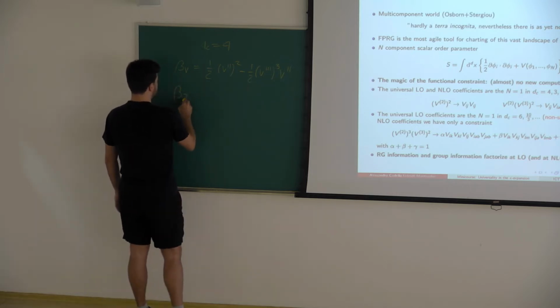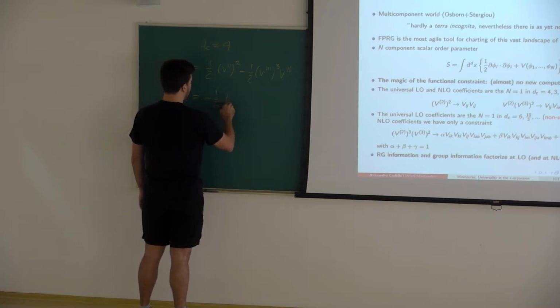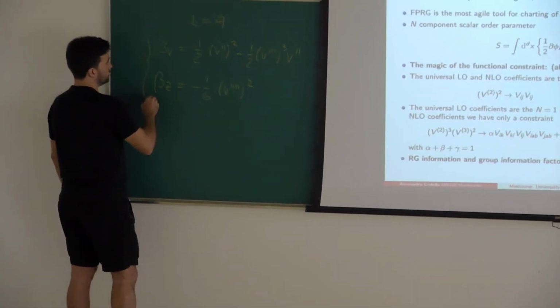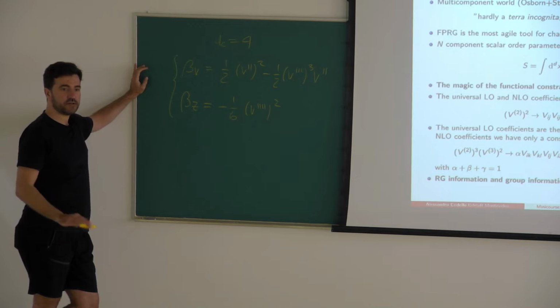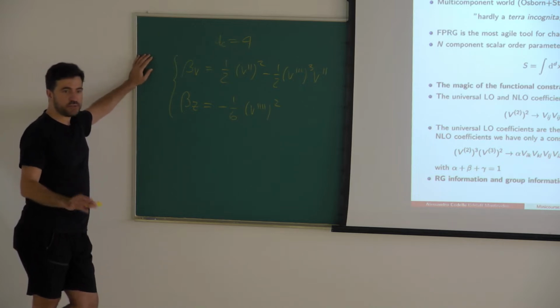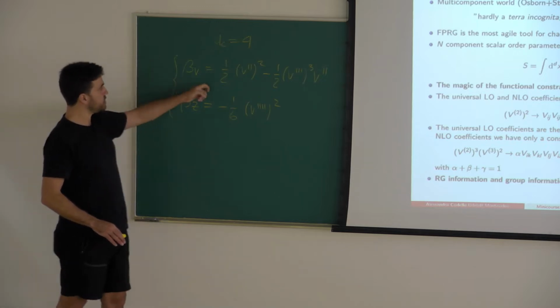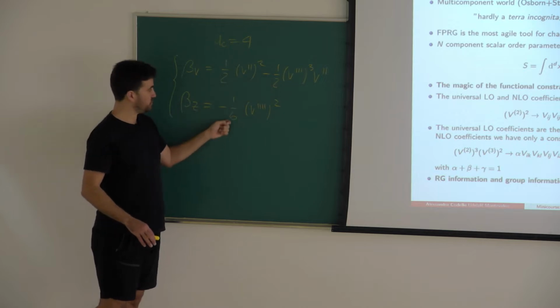And then you have a beta zeta, which is minus 1 over 6, and so on. This is all the information that you have in the epsilon expansion. Every beta function that you compute in every textbook is already contained inside this information. And actually the only coefficients that you need to compute are these 3.